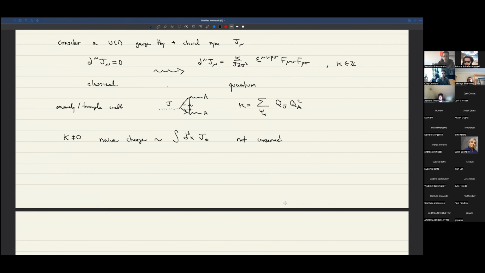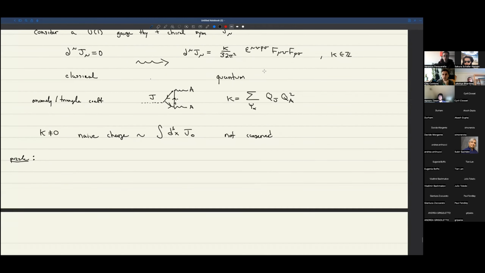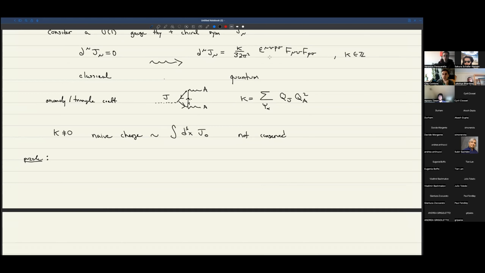But there's a long-standing puzzle in this. Let me highlight the puzzle. So when you look at this equation, you might say, well, the divergence of J is 0, this equation up here. The divergence of J is non-zero. So maybe I should just forget about this J. Maybe it's not really a symmetry anymore. But of course, physicists have long known that that's not a good point of view.